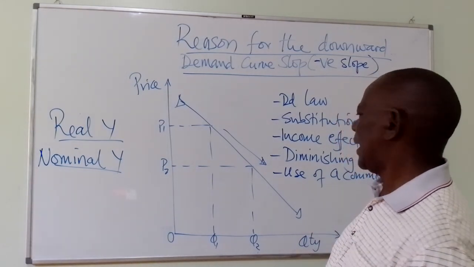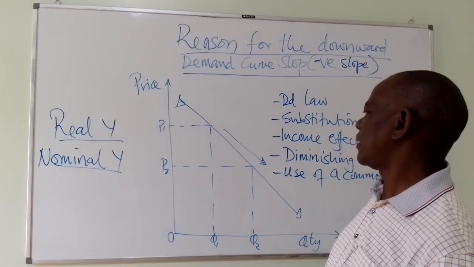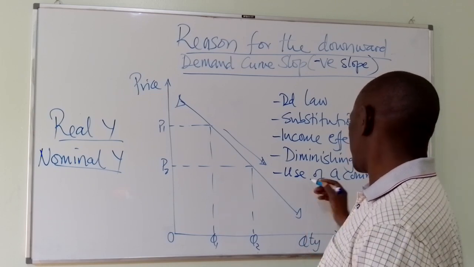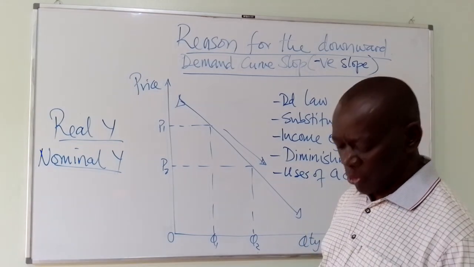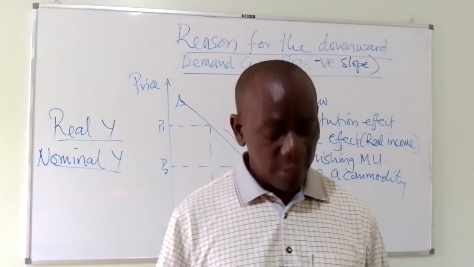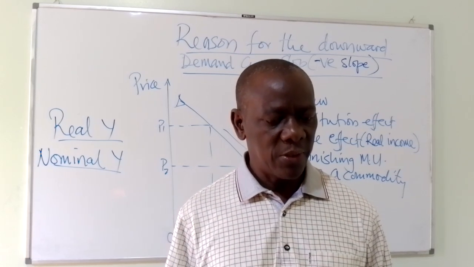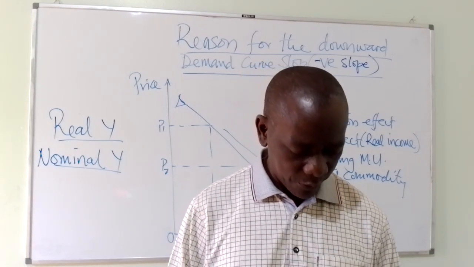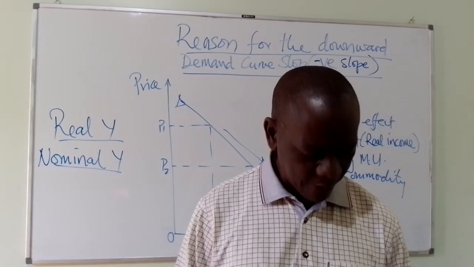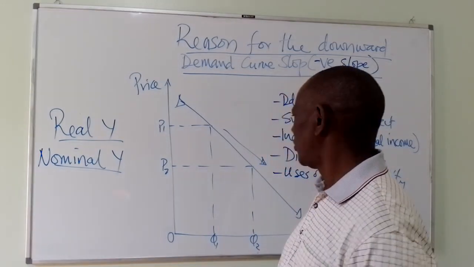Then another factor that makes the demand curve to be downward sloping is the uses of the commodity. Commodities that have many uses, usually they have high demand. But as the prices increase, you reduce on the uses of those commodities. And also that causes the demand curve to be downward sloping from left to right.